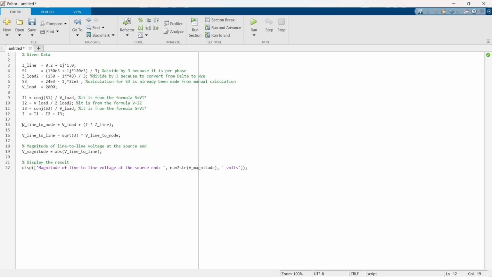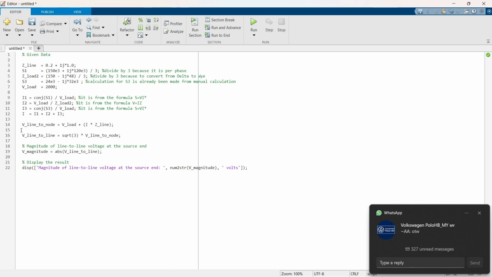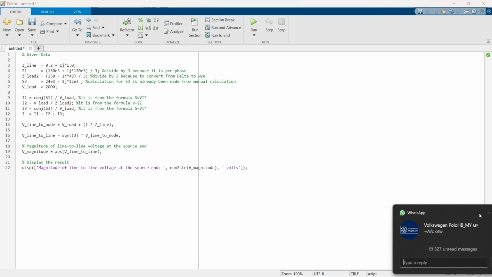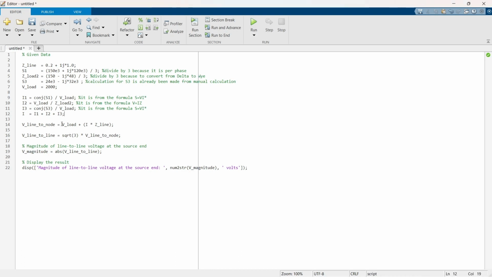In order to find the line to line voltage, we first need to find the line to node voltage. For the line to node voltage, we can use the formula V load plus I times Z line.